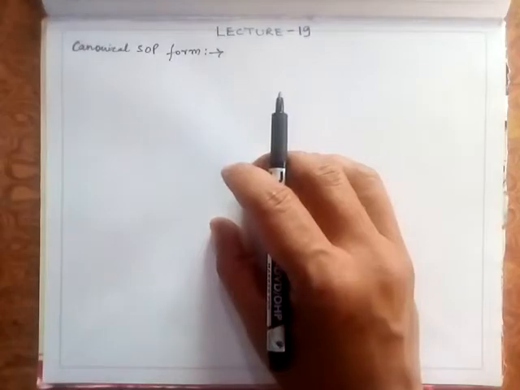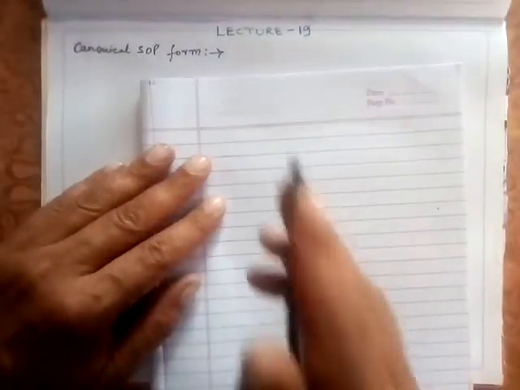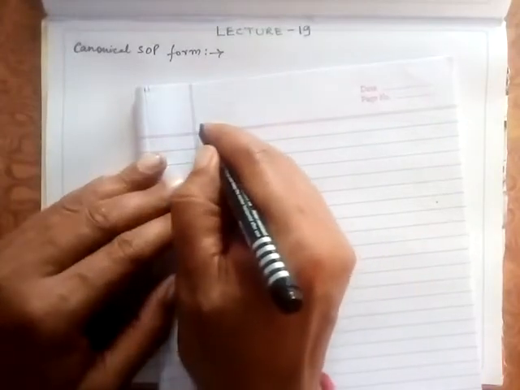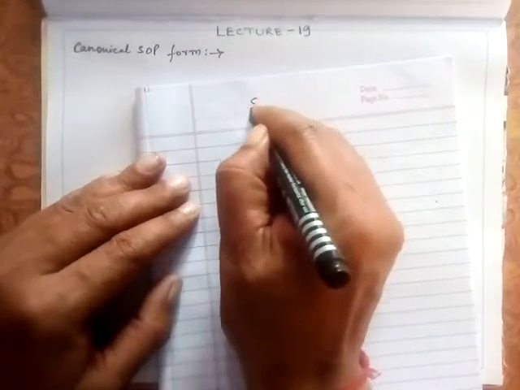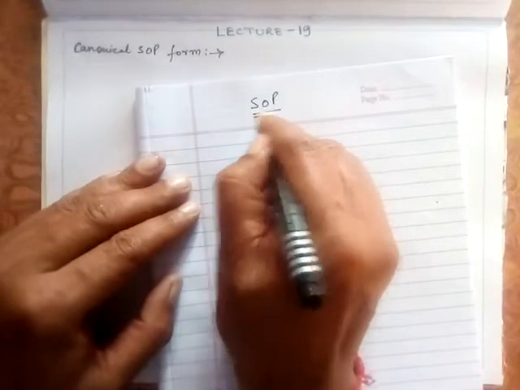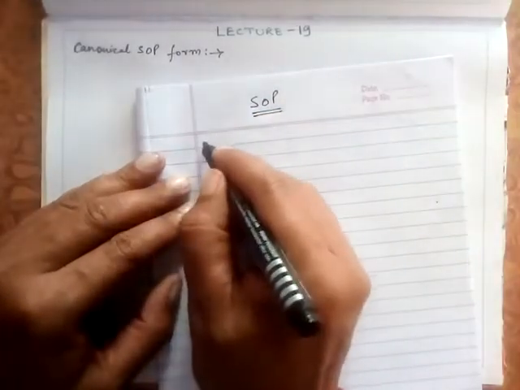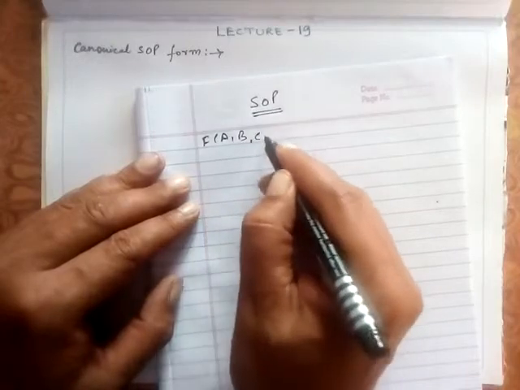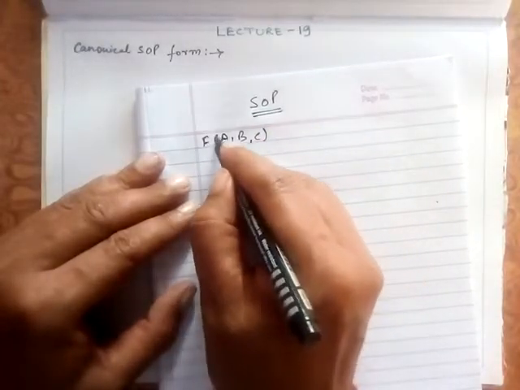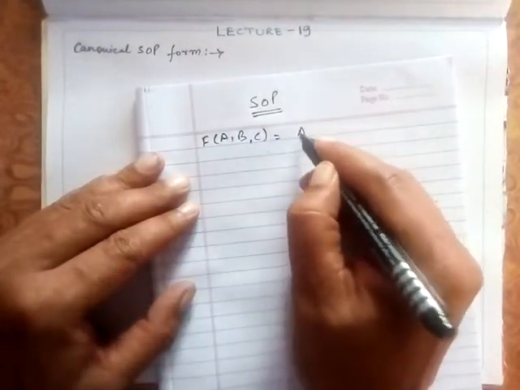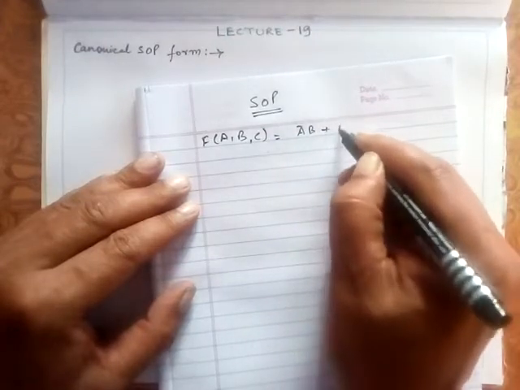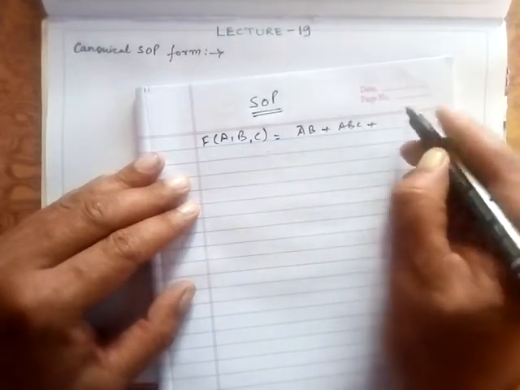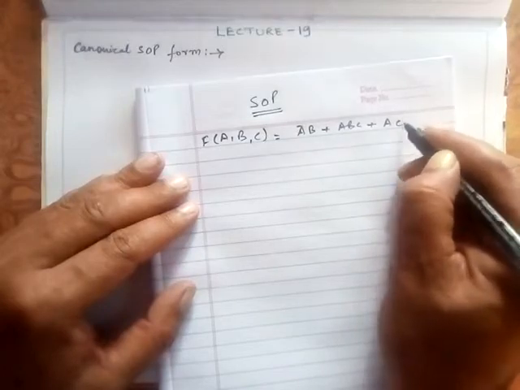Before I come to canonical SOP form and canonical POS form, what do you mean by SOP form, which I have already discussed with you? A SOP form, sum of product. Suppose I have a Boolean expression which is a function of a, b, c, and suppose it is equal to a bar b plus a, b, c plus a, c bar.